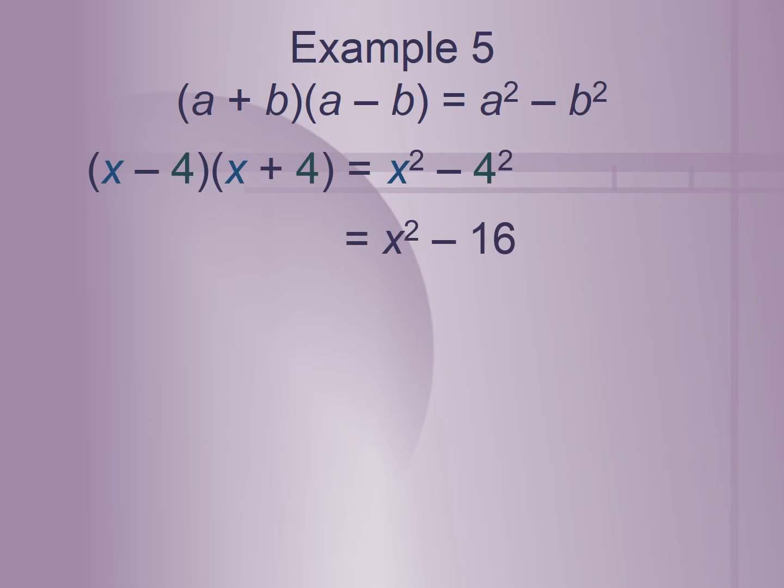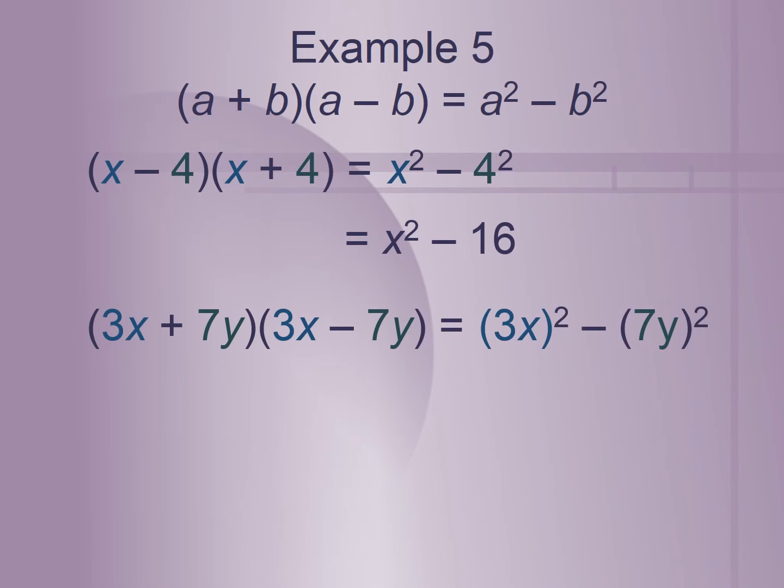So we end up with x squared minus 16. One more example here. Our first term squared minus our second term squared. And then remember, when you square, you have to square the 3 and the x, so that's why we get 9x squared. And we have to square the 7 and the y, which is how we got 49y squared.